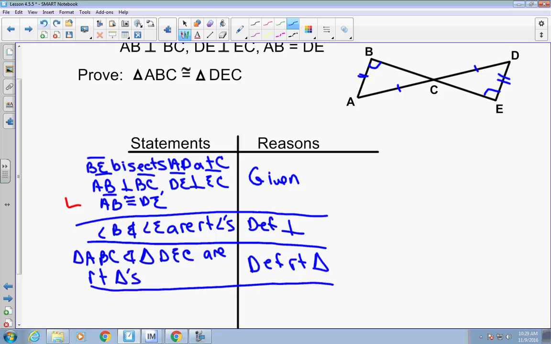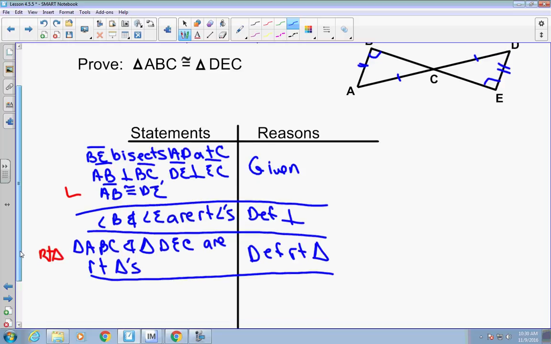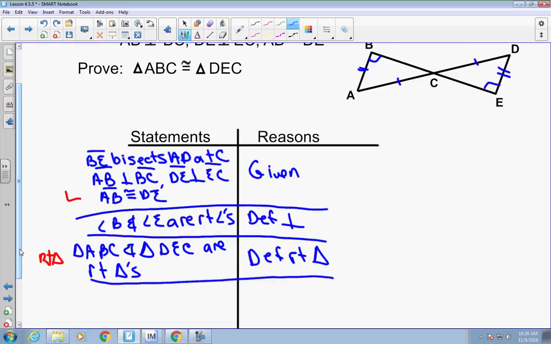Okay, so that takes care of the right triangle. Oh, I forgot to use the first part of my given. What can I get from that? AC is congruent to DC, right? And what is that? Definition of bisector, right?